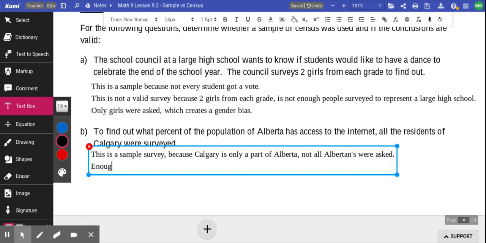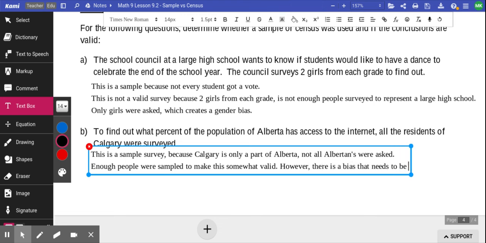I would say enough people were sampled to make this somewhat valid. However, there is a bias that needs to be considered. When doing a survey, if we're trying to survey all Albertans, Calgarians don't represent every Albertan. The biggest thing is if you're from Calgary, you're from the city where getting internet is quite easy.